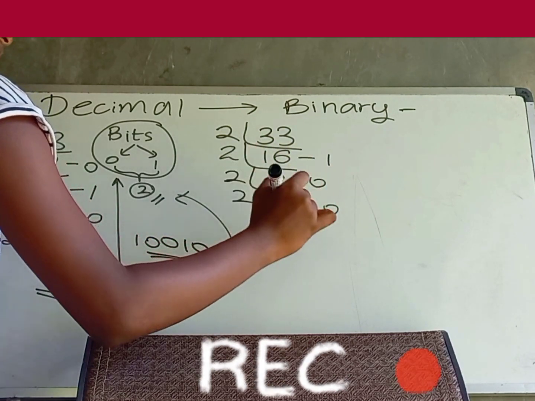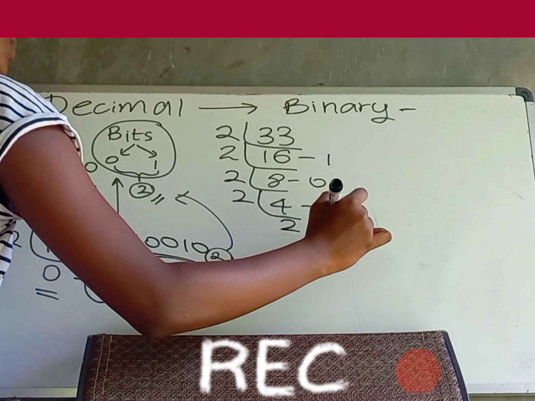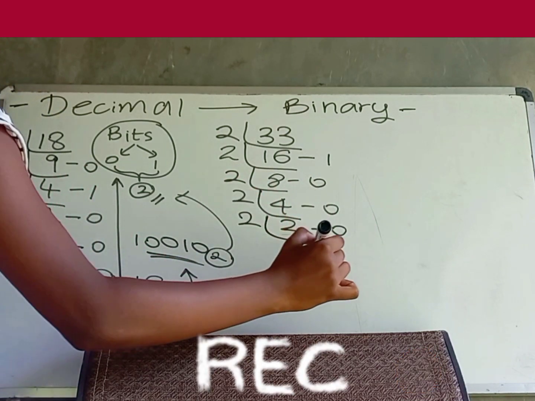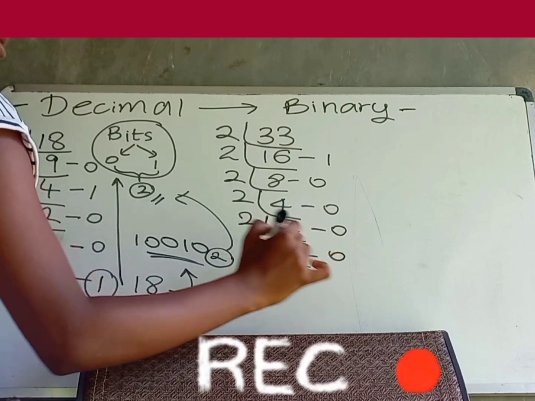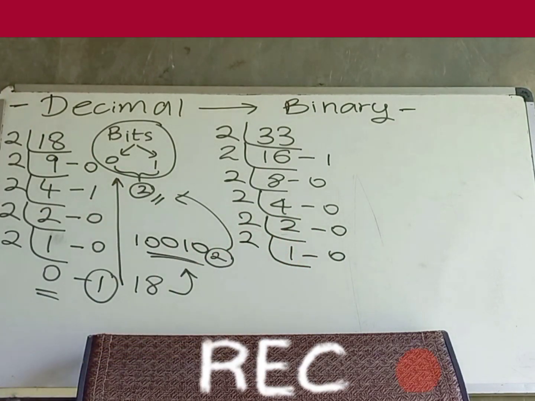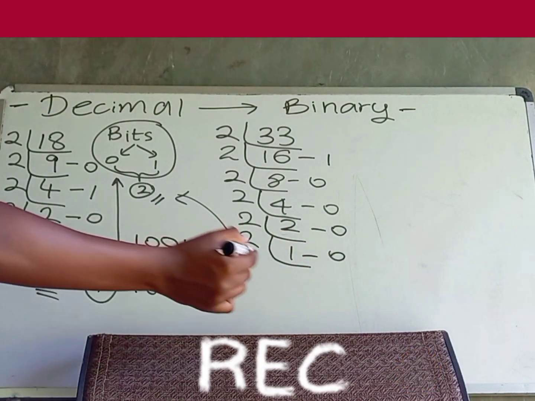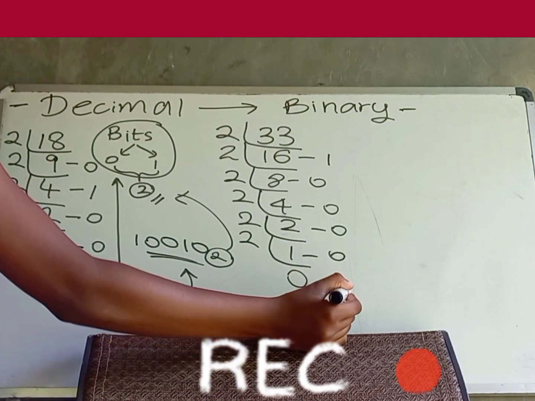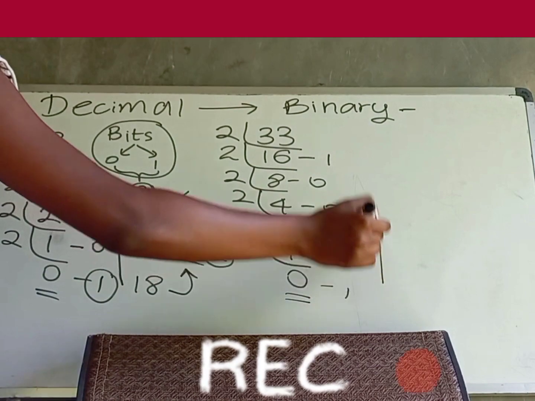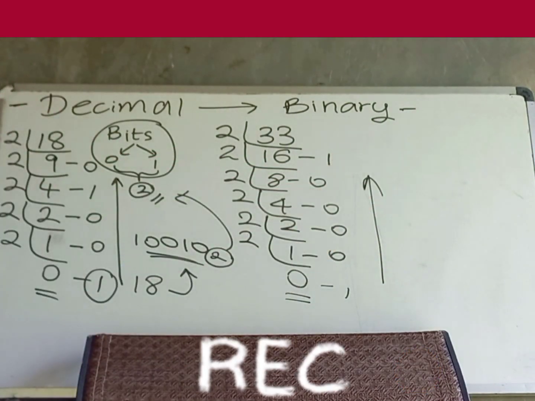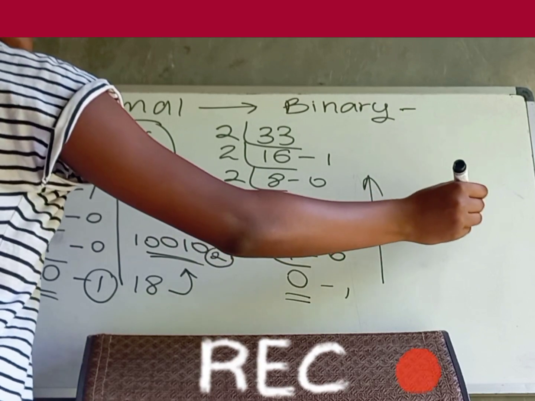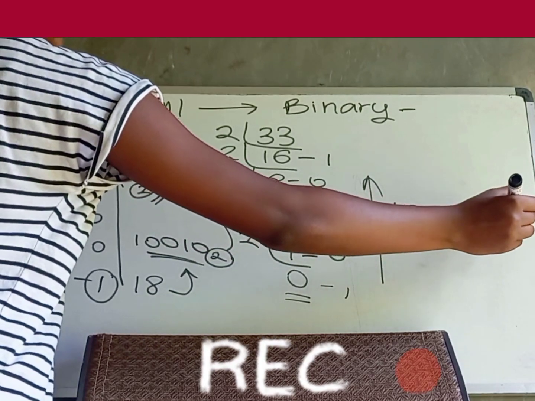Divide by 2, 2 remainder 0. Divide by 2, 1 remainder 0. Again you have to divide 1 by 2 and the remainder is 1. So that's it. Go upwards from here onwards. You get the answer 1 0 0 0 0 1.